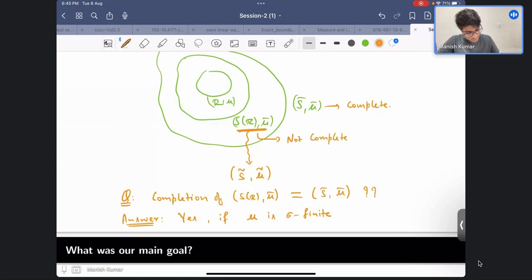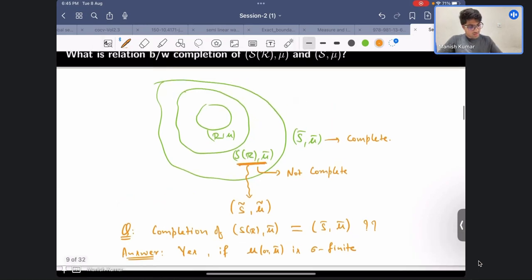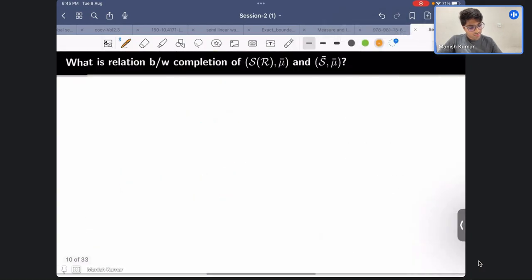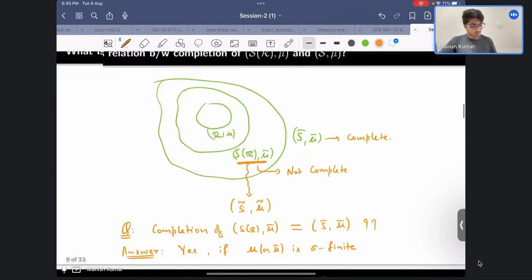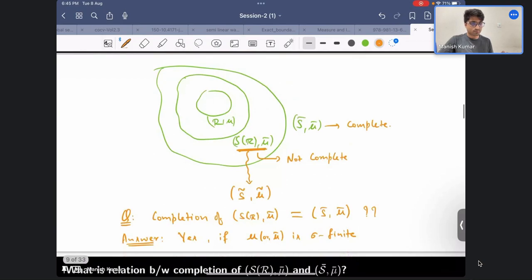Let me write both mu or mu bar, it's the same thing: this is sigma finite. Okay, so this is true. You have seen this one. So do you know any counter example when this mu is not sigma finite, then the extensions are completely different? Do you know any example to that?